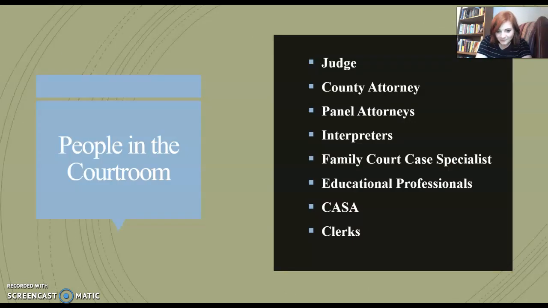But these are the people you'll see in a courtroom. A judge, obviously. There's a county attorney, which also could be referred to as a prosecutor. Panel attorneys, or attorneys who are representing defendants. There might be an interpreter in the courtroom, a family court case specialist, which was my role when I was at the courthouse.